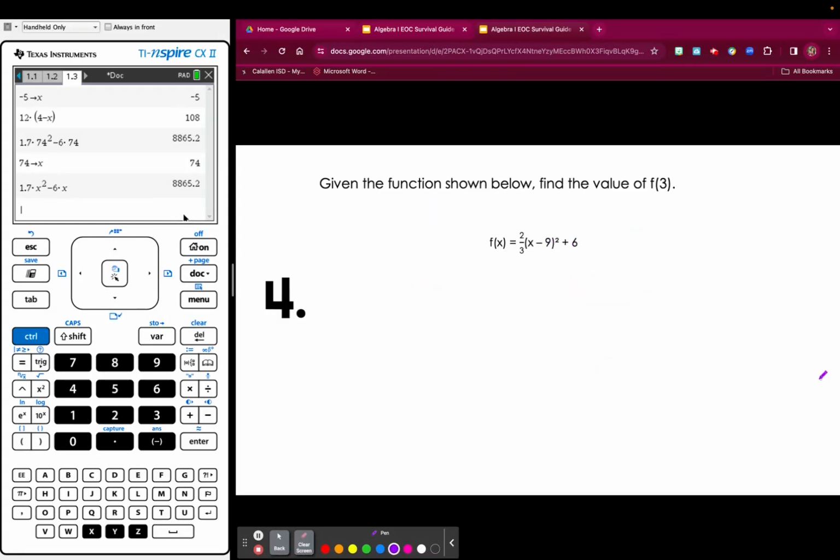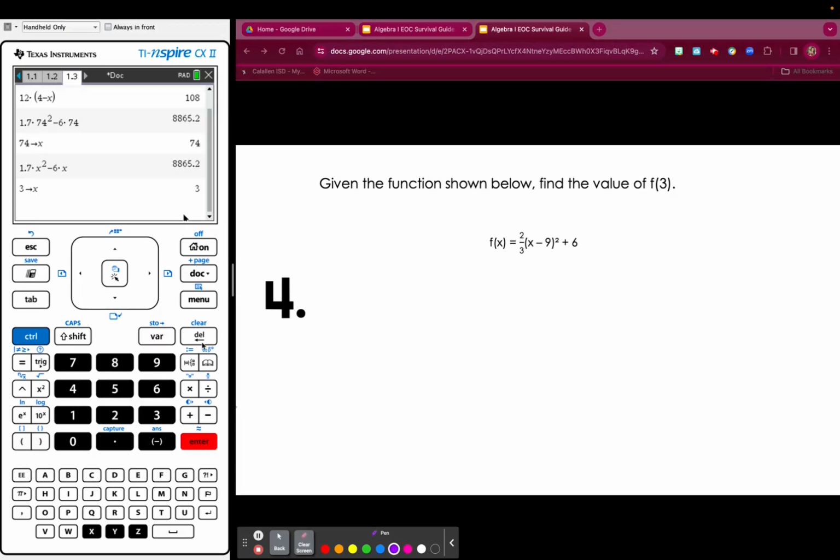Okay, number 4, given the function below, we want to find the value of f of 3. Again, I'm going to start by using the store feature. I'm going to type in 3, control store, and I am substituting in 3 for x. I identify that variable x in my calculator and press enter. Now anytime I type in an x, it's going to substitute it with the 3.